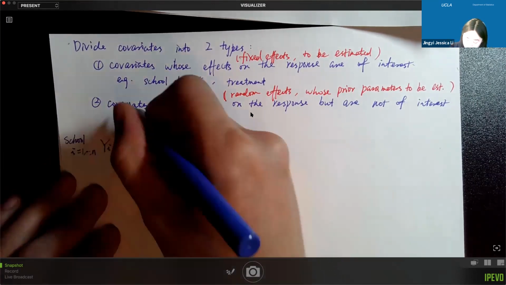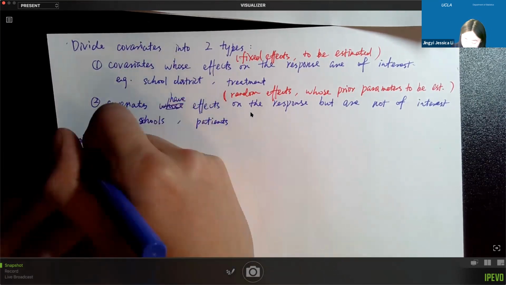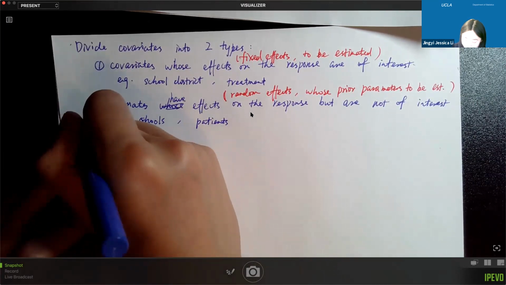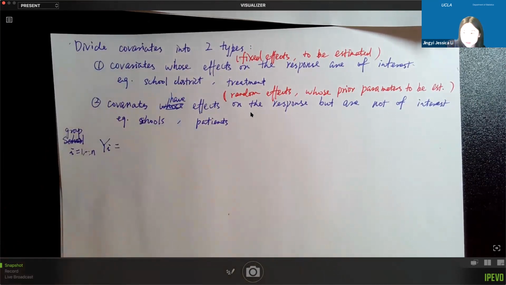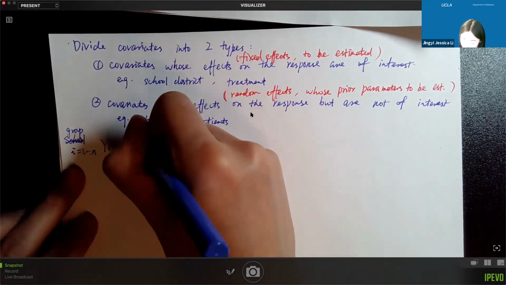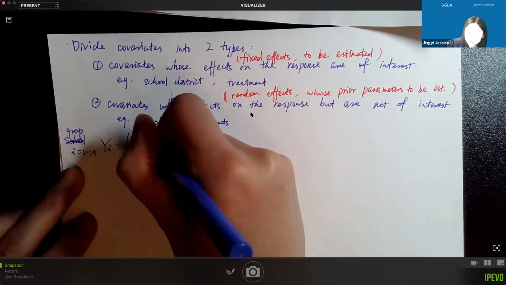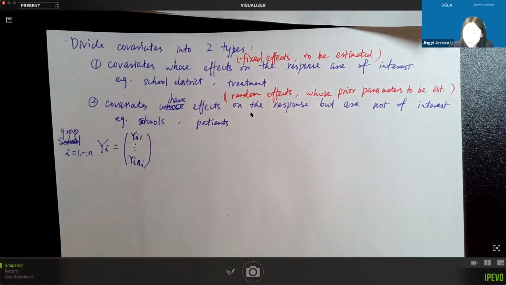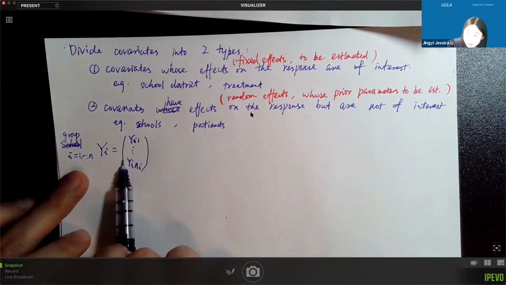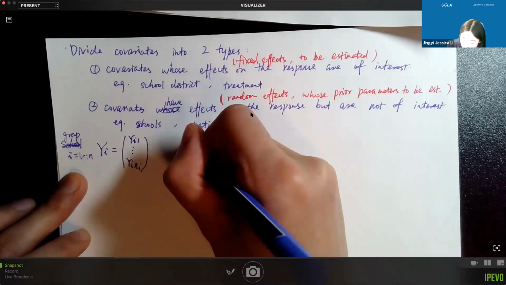I can make this more general: group i, not school. A group can be a school or a patient. I will call y_i1 to y_i n_i all the observations, all the responses in group i, as a vector. That's my notation.